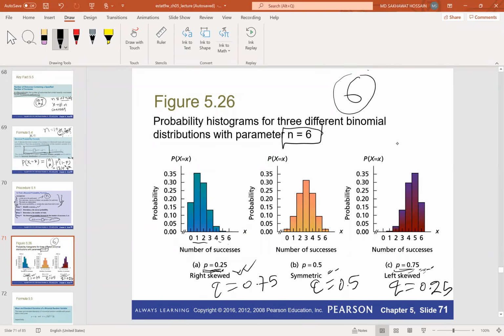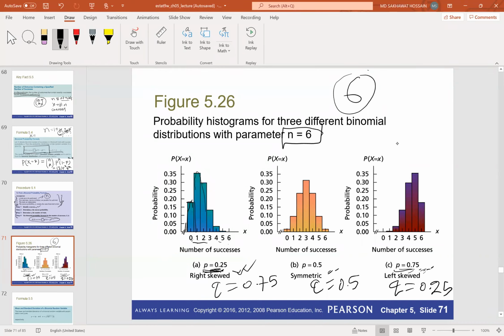That's why we can see that when x equals 0, 1, 2, the probability is high. But when the number of success increases, the probability decreases, because the probability of success is 0.25. So we expect fewer successes here, right?